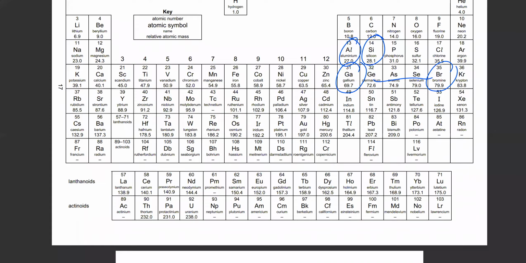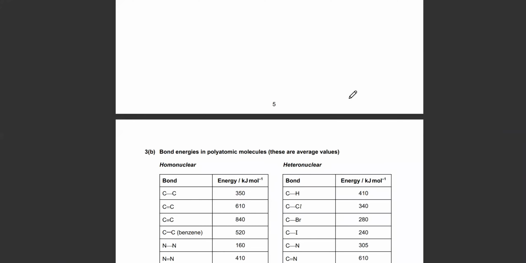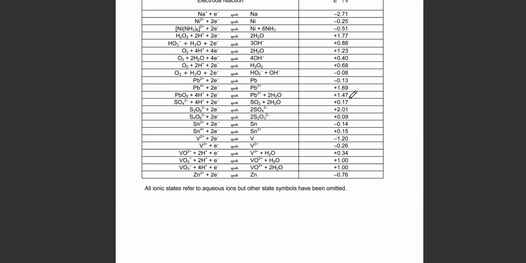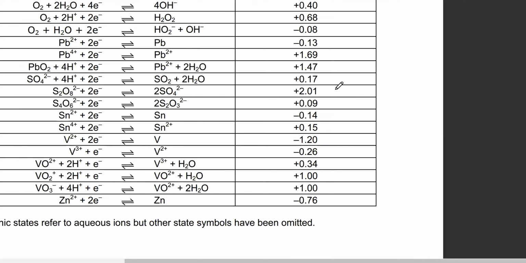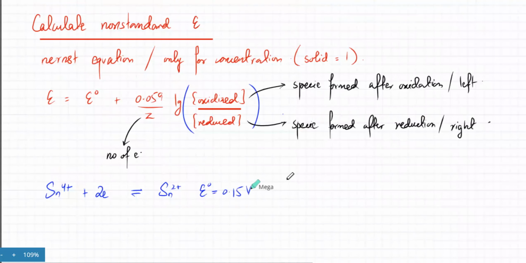The standard potential for the tin 4 plus tin 2 plus equation is 0.15 volts. So the E naught is 0.15 volts, right?